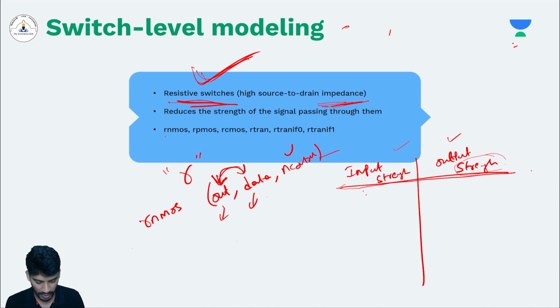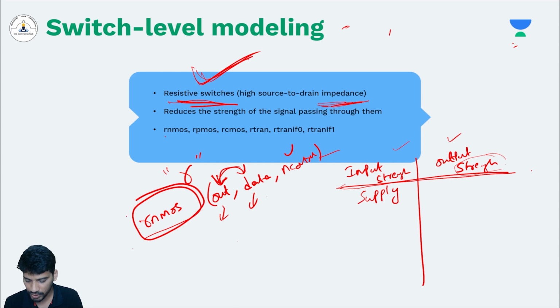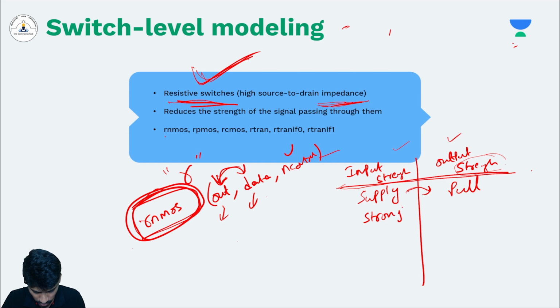If your input data is of supply strength, then if you pass it through a resistive switch, any switch, either NMOS or PMOS or CMOS, then its strength will be reduced from supply to pull. Either pull up or pull down. Similarly, if your strength is strong, it will be reduced to pull.